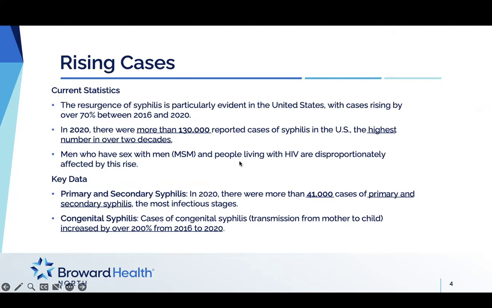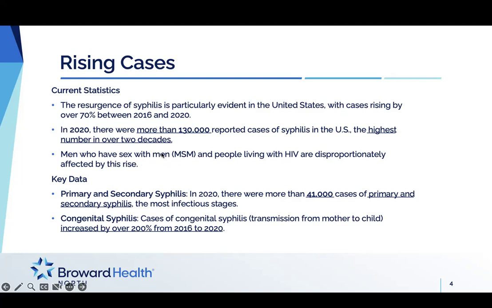The more recent statistics that I was able to find, 2016 to 2020, marked this resurgence of syphilis, with over 70% increase in cases between these years. So it's only about 4 years apart, and it's crazy to see such a dramatic increase.